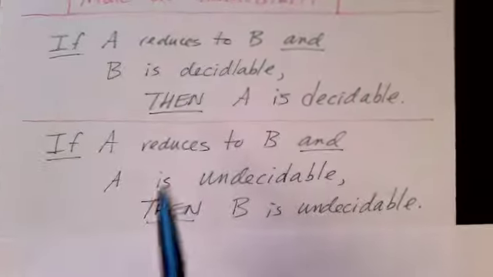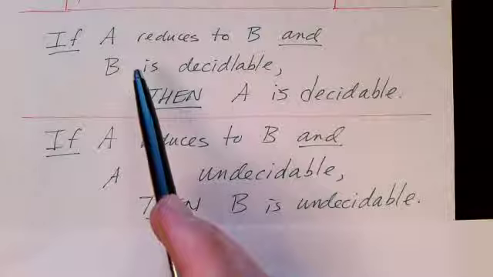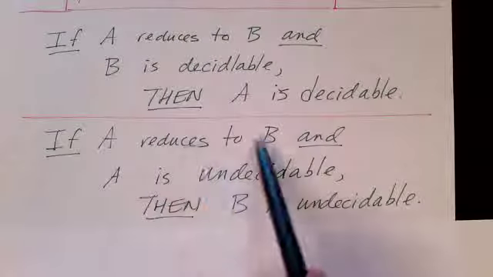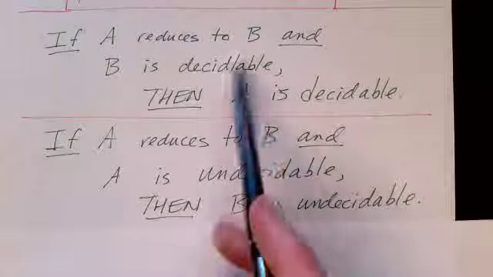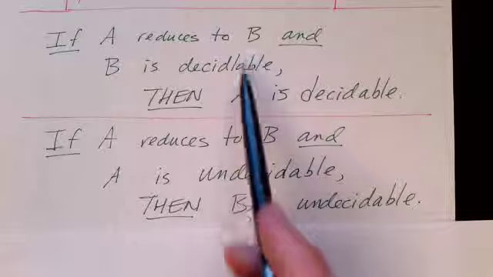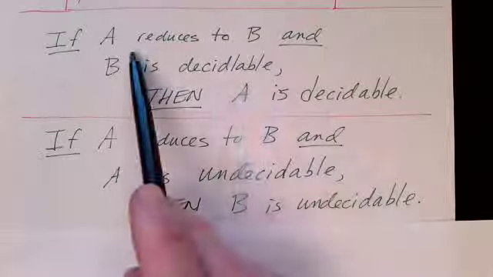But we can use this technique in other ways as well, in the other direction. If A reduces to B, and instead of A being undecidable, we know that B is decidable, then we can conclude that A is decidable.